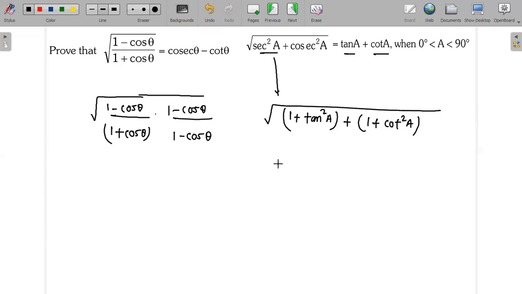Now try to read this expression as a square, which is tan A whole square, b square, which is cotangent A whole square, plus 2ab.